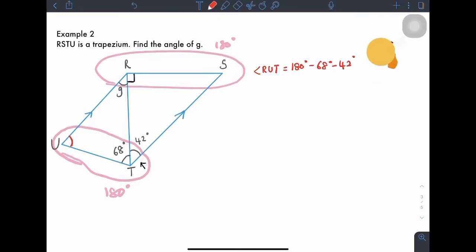You need to subtract them properly so that you get the correct answer. So again, we take 180 minus 68, and then minus 42. If you subtract properly, you should get 70 degrees. So we already get 70 degrees here. Now it's very simple. Let me erase this first.